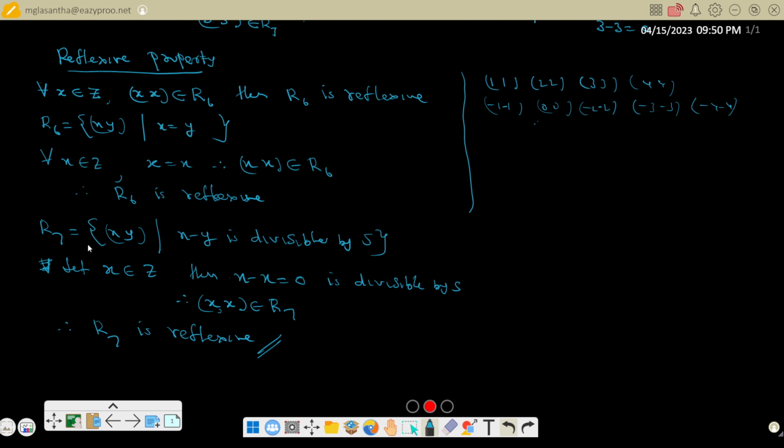Sometimes this is also known as a modulo 5 relation. Suppose you take x minus y is divisible by 6, that is also another relation, and that is also an equivalence relation.